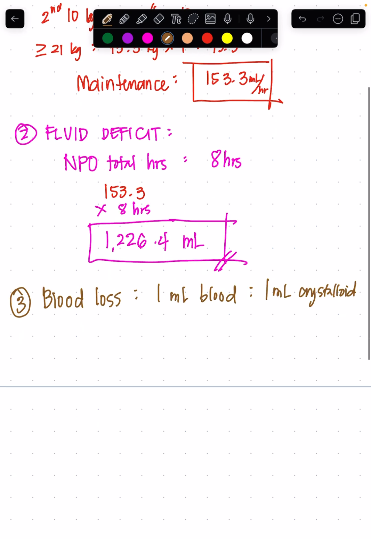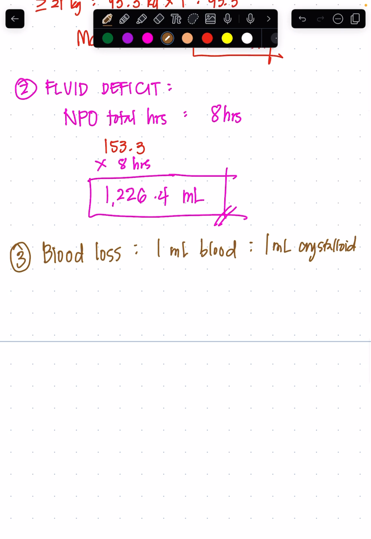However, for this, you kind of guesstimate it according to the case per usual amount of blood loss. Or you can also know about the blood loss from your surgeon. He's going to tell you how much blood loss, or you as the anesthesiologist provider would be the one to look at the canister and see how much blood loss we have.